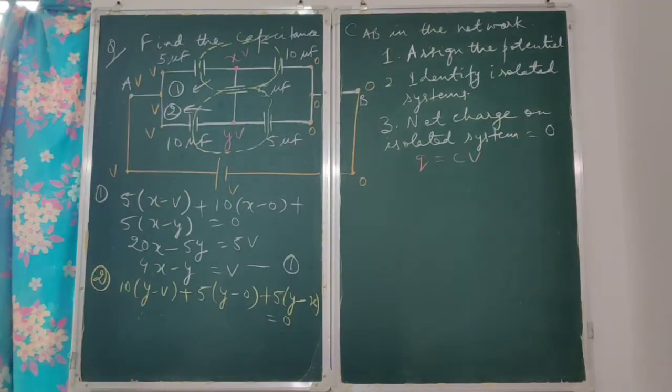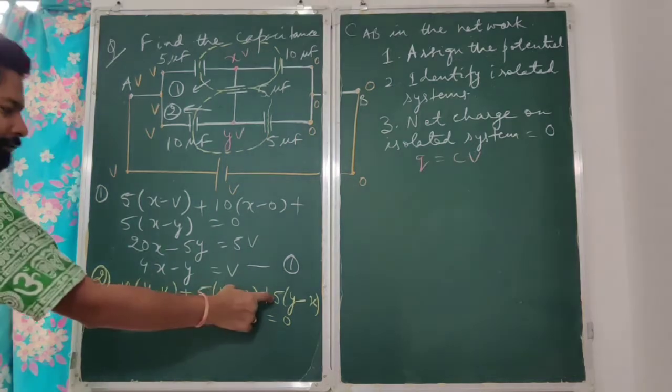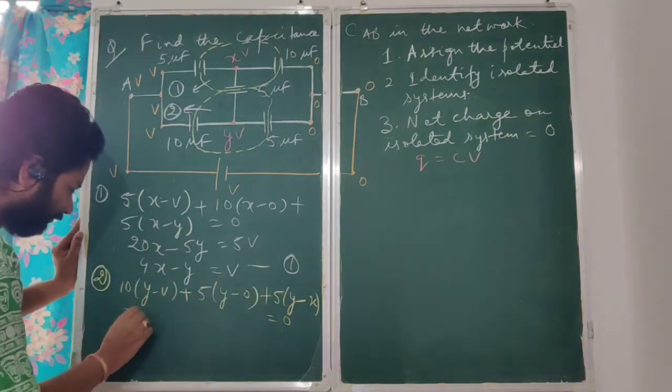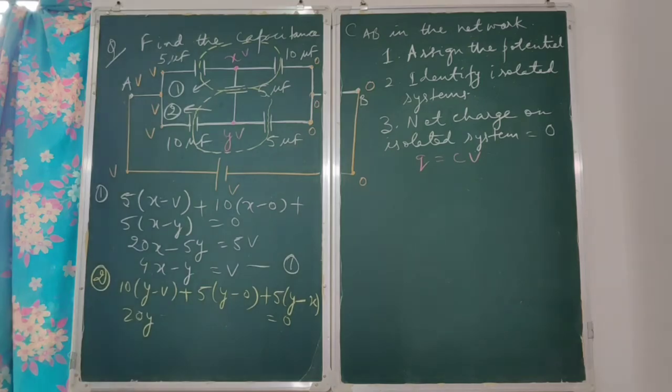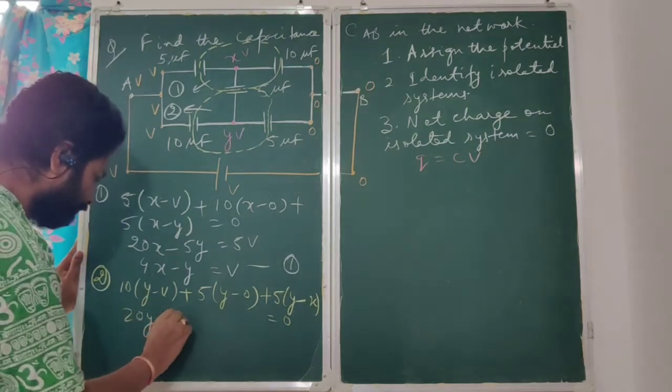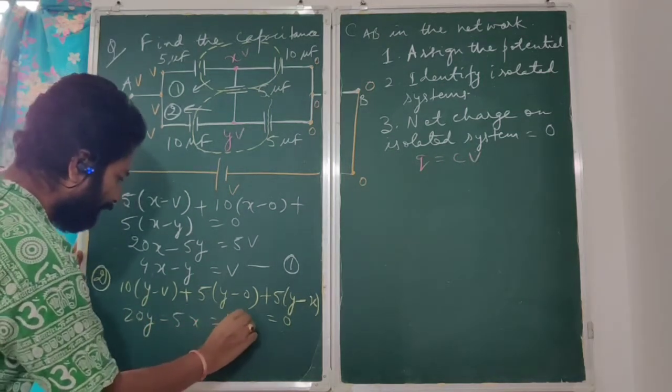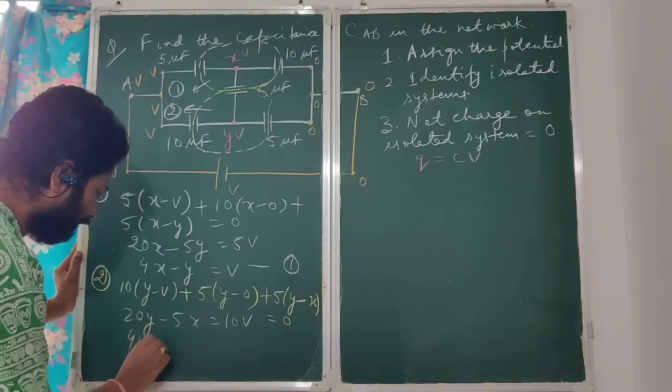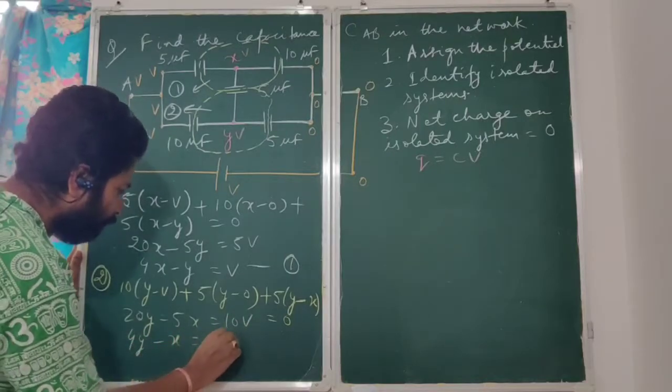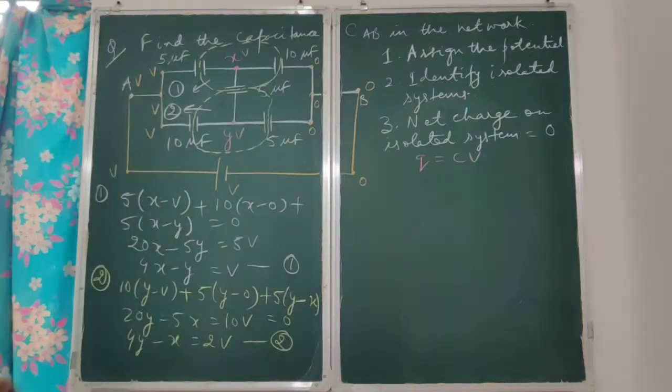Now this can be written as 10 plus 5 plus 5, 20y, minus 5x, and that is equal to 10v. So 4y minus x is equal to 2v. So this is your second equation.